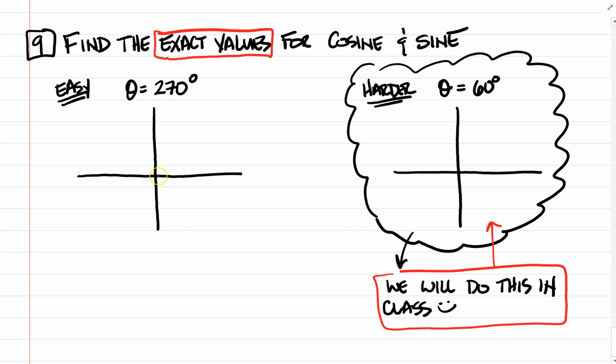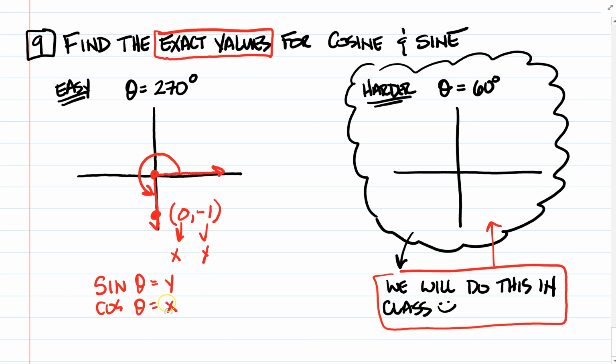So I'm going to draw an angle in standard position that's equal to 270 degrees. Well, that puts me right here. And if I was on the unit circle, the point that corresponds to it would be the point 0, -1. The 0 is the x value, and the -1 is the y value. And we just learned in the previous box that the sine of any angle theta is worth the y value, and the cosine of any angle theta is worth the x value.